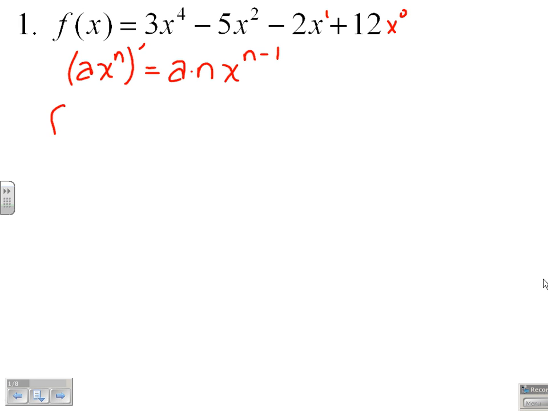So f prime x, and I'm going to take a step probably more than most of you would take doing this, just to illustrate our power rule, would be first term, I'm going to leave the 3, bring the 4 down to join it, x to the, I'm going to reduce 4 by 1. Then as I distribute the power rule through this, I get minus 5, bring the 2 down, leave the x, reduce 2 by 1.